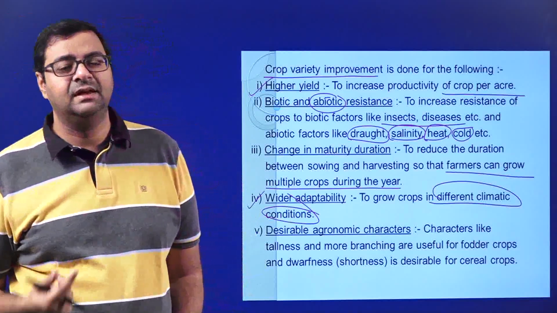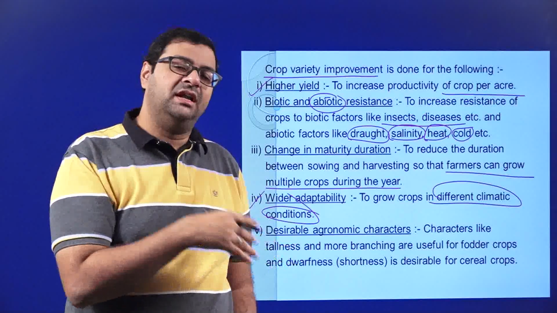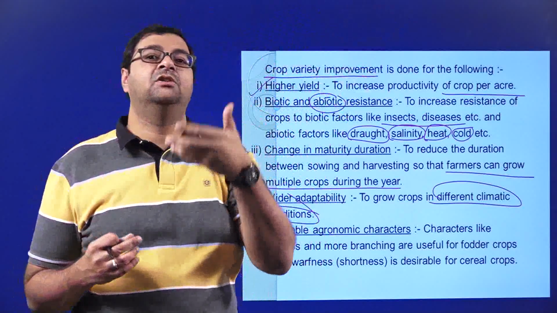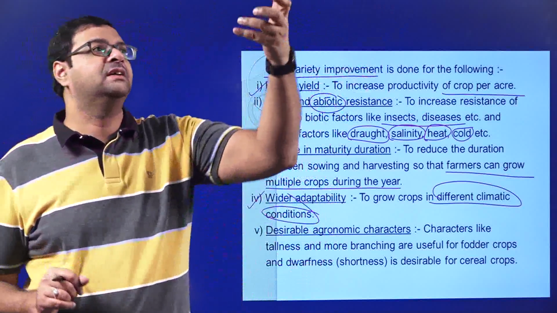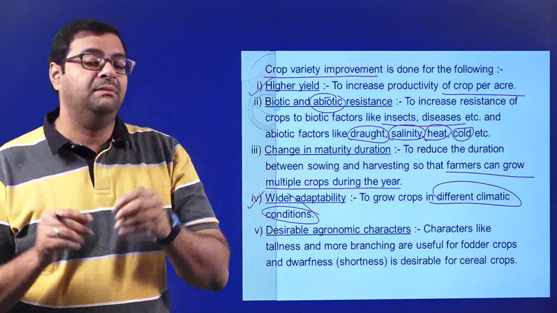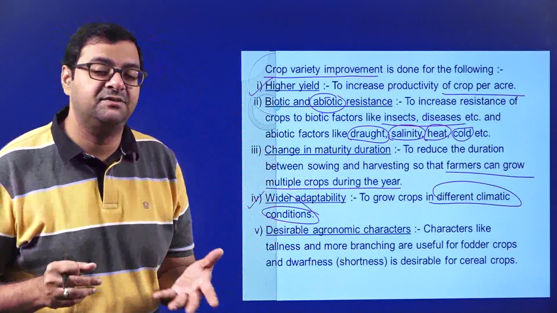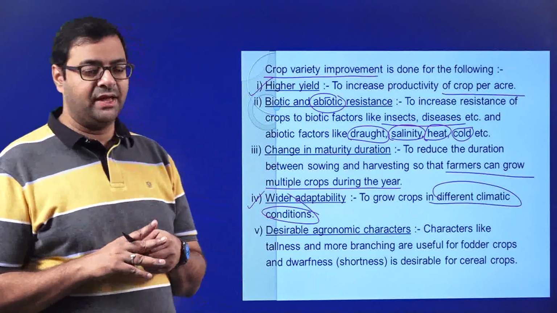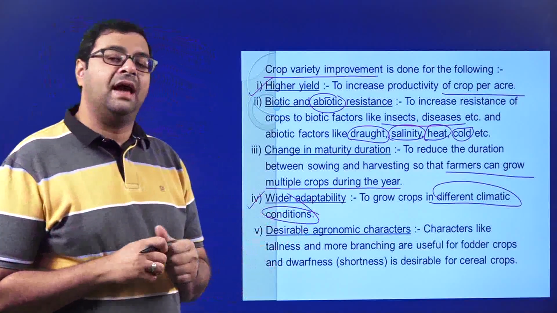If the trees are short and give high yield, they don't have to climb up, they can pluck the fruit with their bare hands, and they can also look at the quality of the fruit because it is easily seen. So that is one more requirement people have addressed. People might have seen these shorter mango trees in farms. So these are desirable agronomic characters.